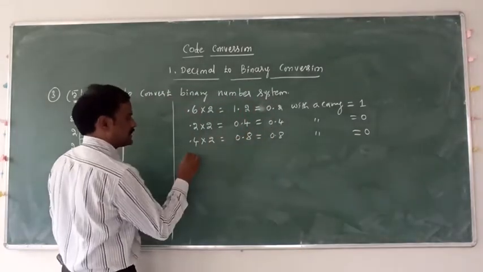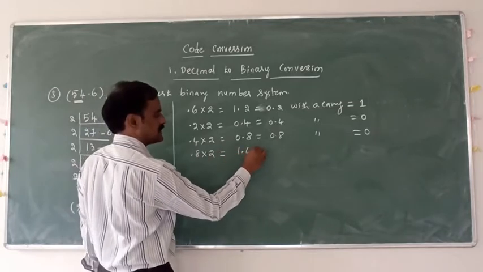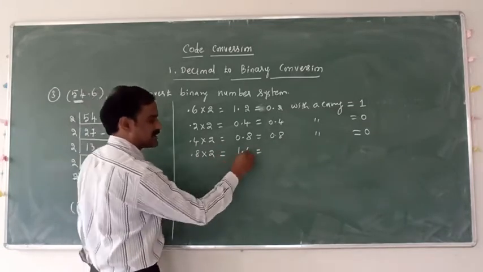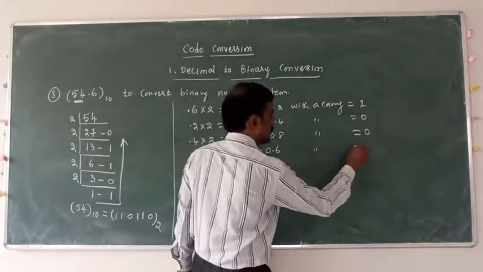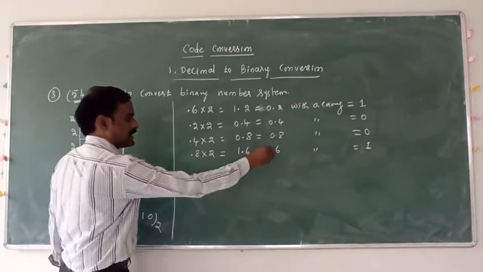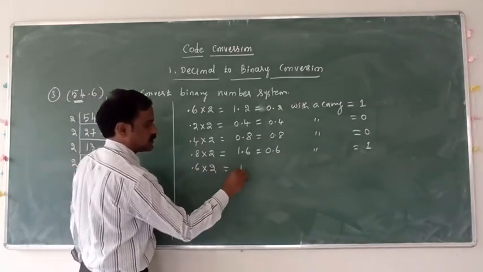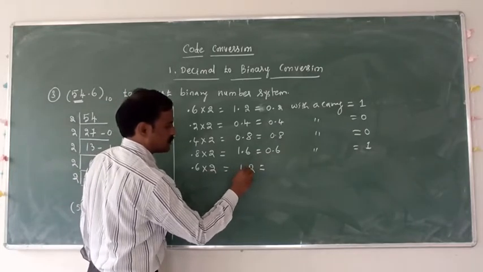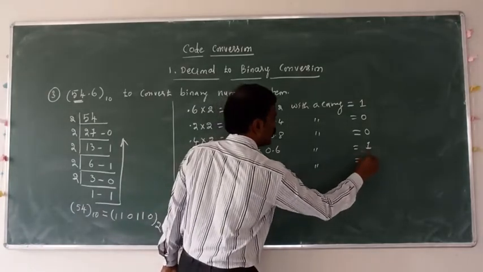Next 0.8 into 2 equal to 1.6. Now the result is 0.6 with a carry of 1. Then 0.6 into 2 equal to 1.2, result 0.2 with a carry of 1.